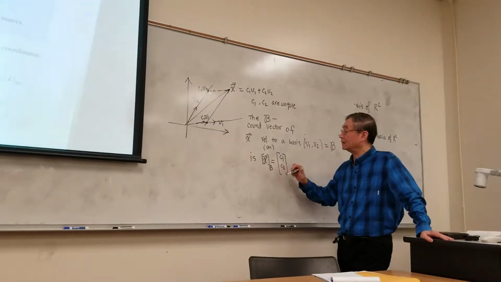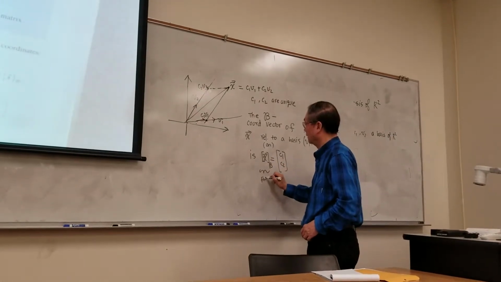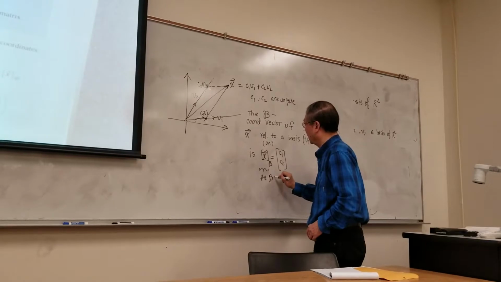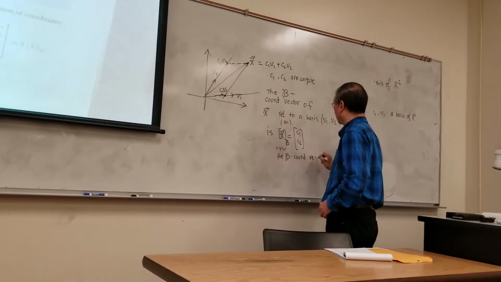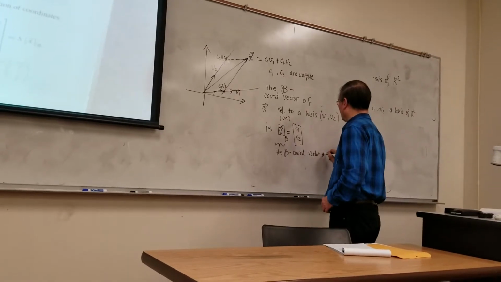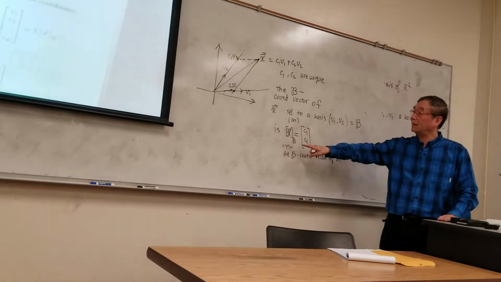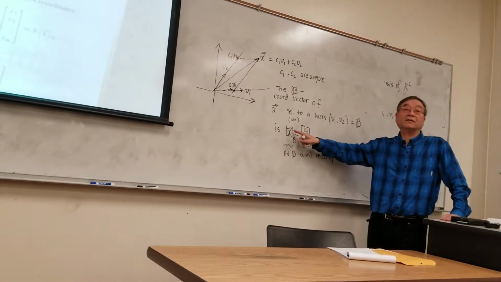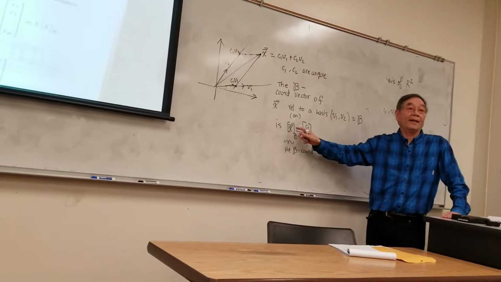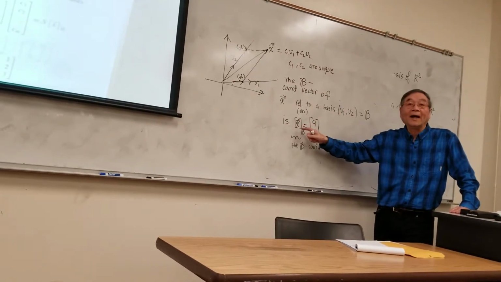So this is the B-coordinate vector of x. So when you see this, x could be substituted by a real vector, could be (3, 5).